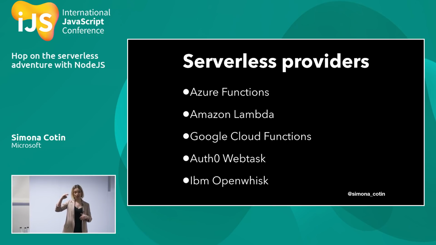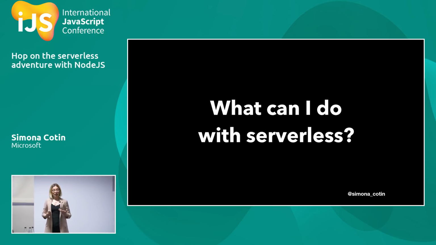And Azure Functions and IBM OpenWhisk are actually open source solutions. So if you have a huge number of servers back home, and you want to run your own serverless solution, you can just fork or clone the Azure Functions runtime and run that in your own environment. And I think that's great. It gives transparency.